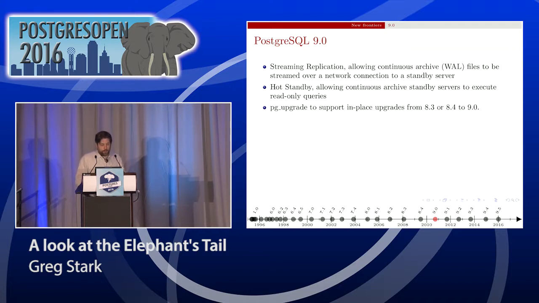And I'll go through the 9.0 changes really briefly because these are the features that you're really familiar with. But the interesting thing to observe is that these features are no longer just about performance and scaling. These features are about dealing with problems that people didn't even know they had previously. Now people want streaming replication, cascading replication, and logical replication.